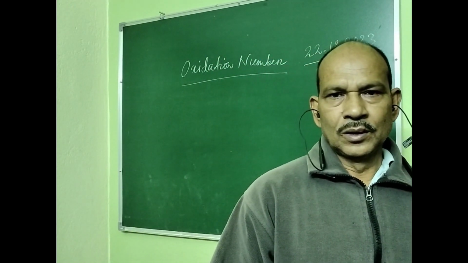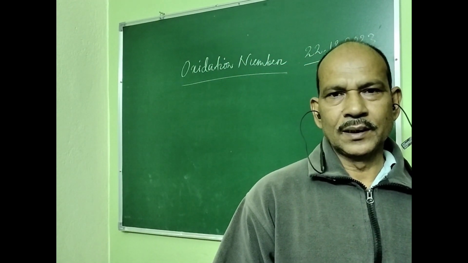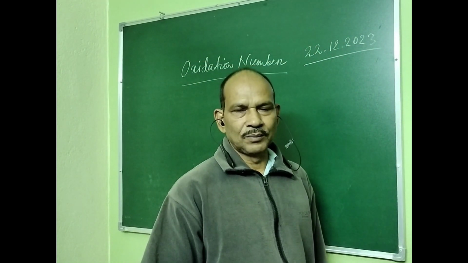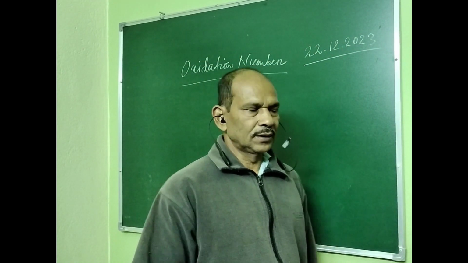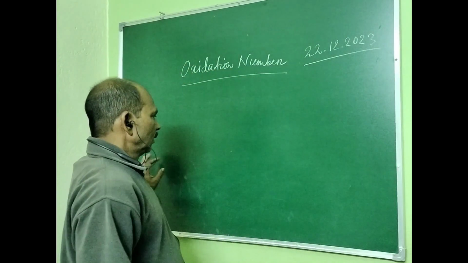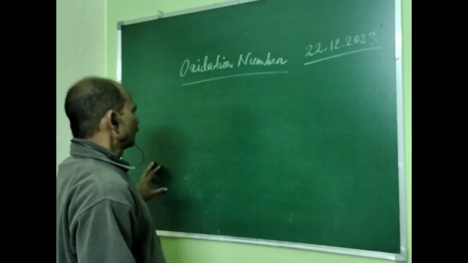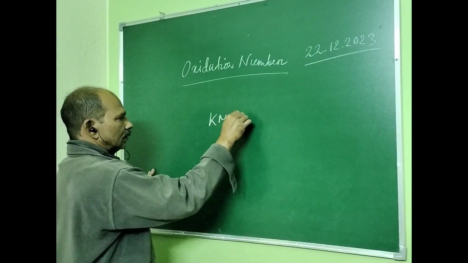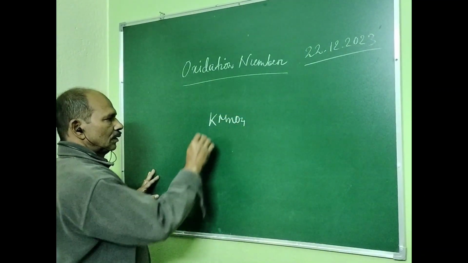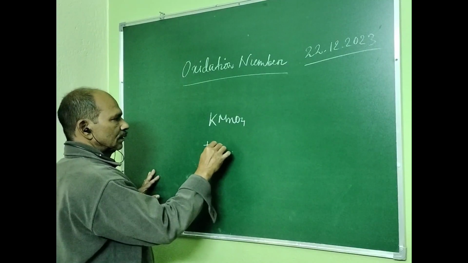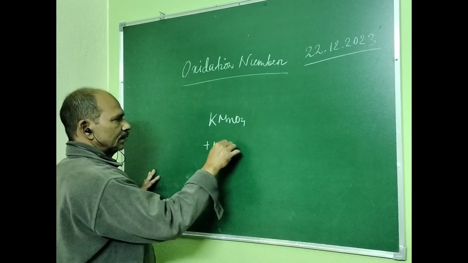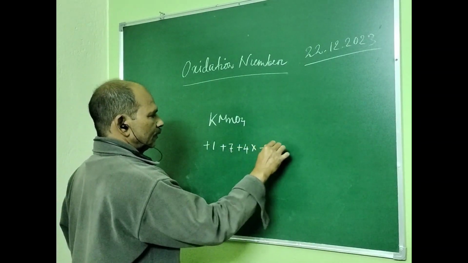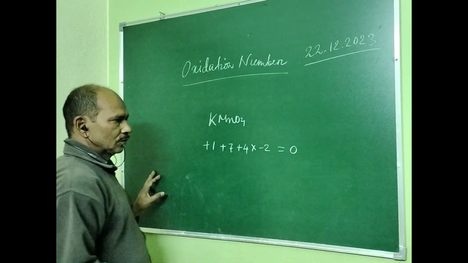The sum of total oxidation numbers in a compound is 0 as the compound as a whole is neutral, chargeless. Suppose KMnO4, potassium is +1, manganese is +7, plus oxygen is -2, this equals 0.